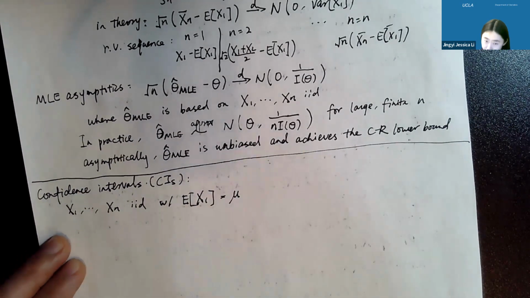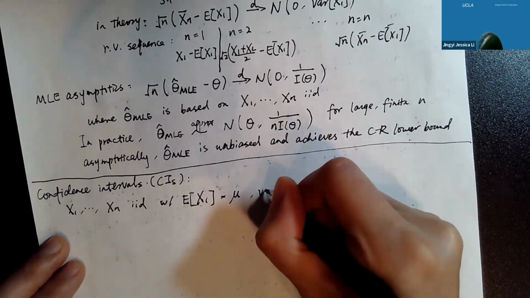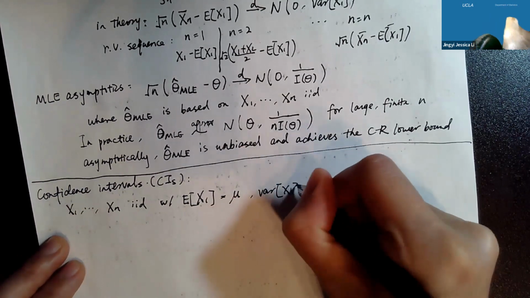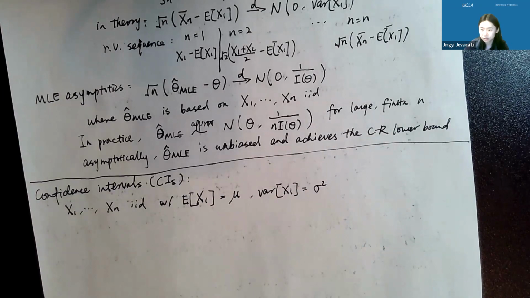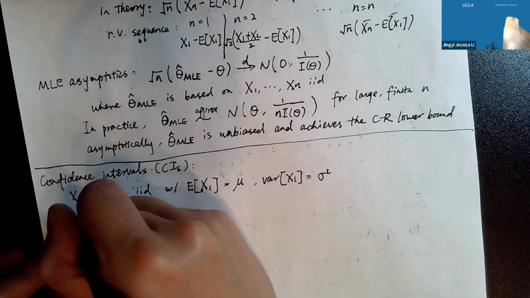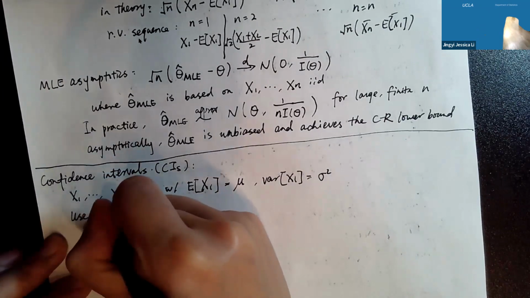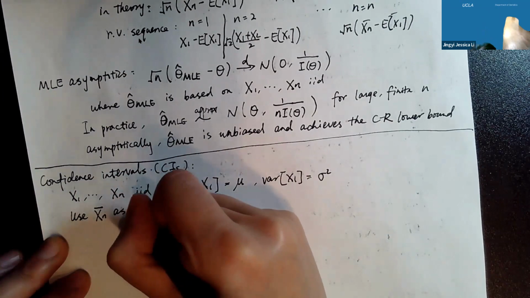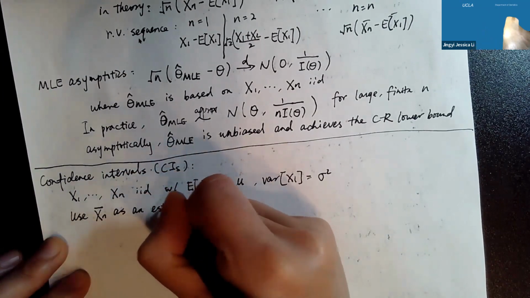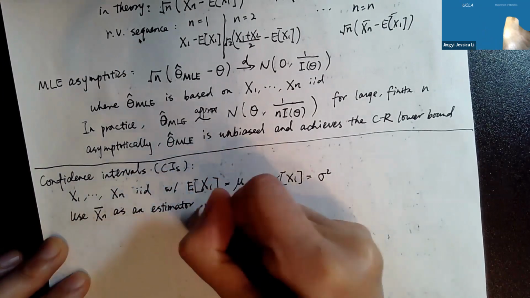I denote its mean by mu and its variance by sigma squared. We'll use those notations for simplicity, and we want to use X_n bar, the average, as an estimator of mu.